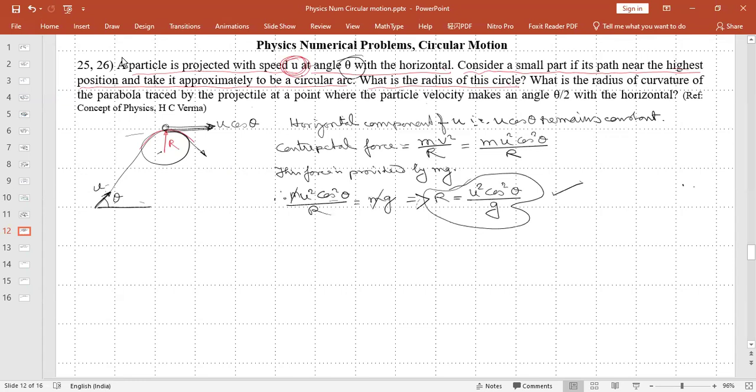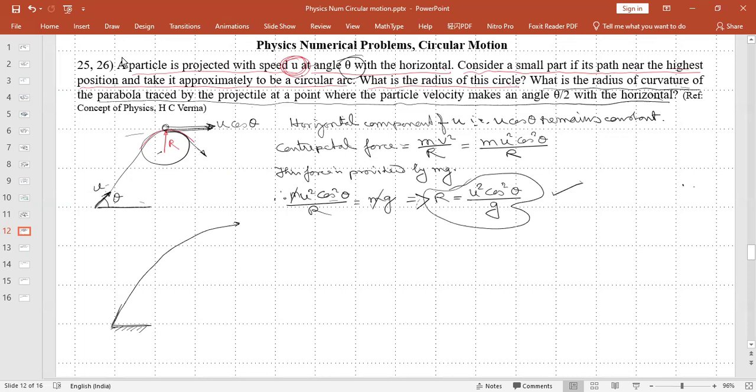Now there is a second part of the question. What is the radius of curvature of the parabola traced by the projectile at a point where the velocity makes an angle theta by 2 with the horizontal? Now see, let me draw this once again as a little bigger diagram. The projectile goes up like this and moves in this direction.